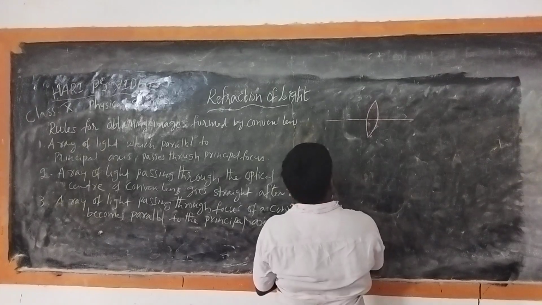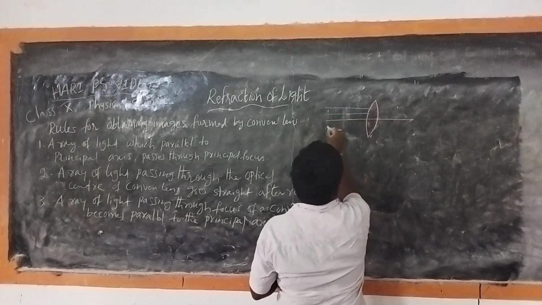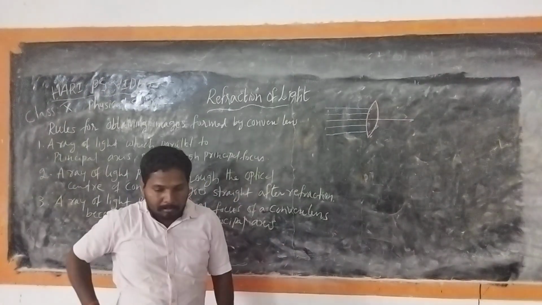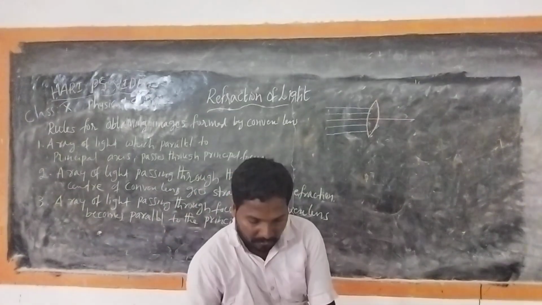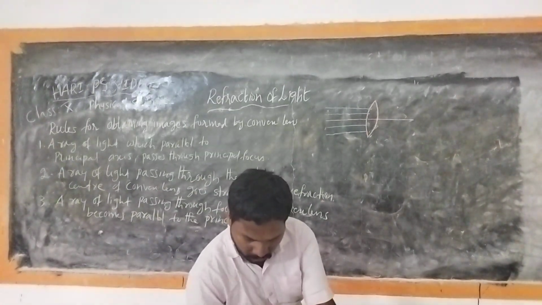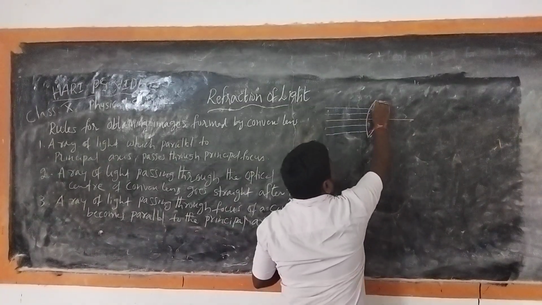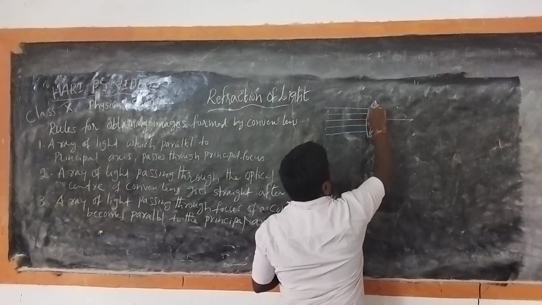If the light rays are parallel to the principal axis, we can draw with the help of a simple diagram also, no problem. This is the center.